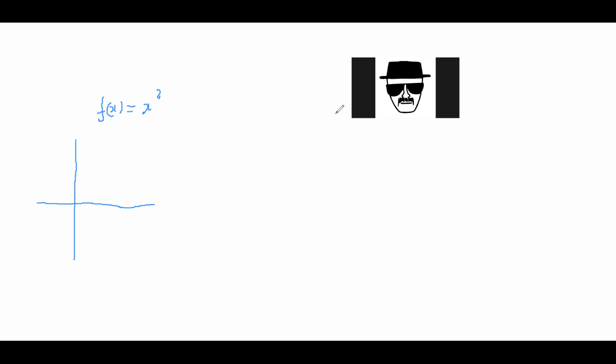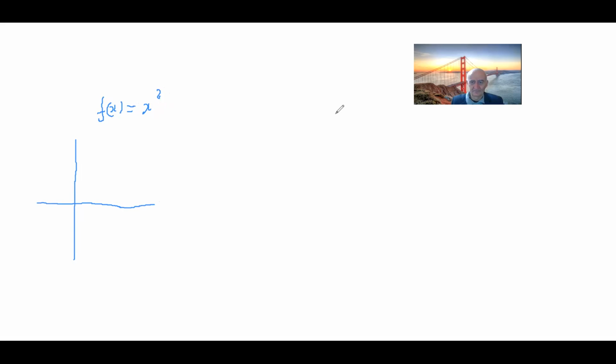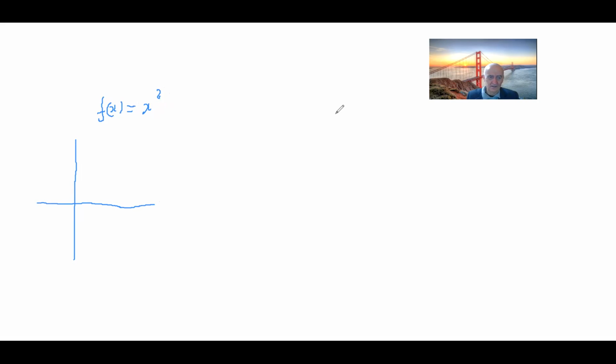Now, for instance, we have a function f(x) equals x squared. You know very well what the graph of this function is. It's a parabola.